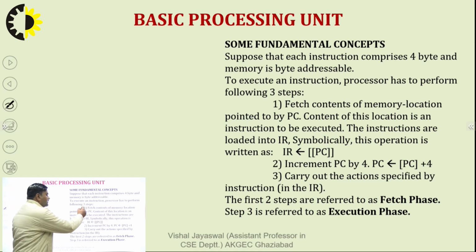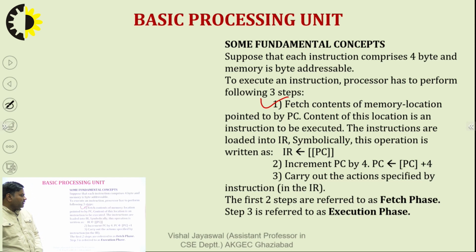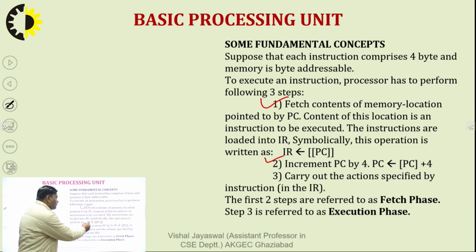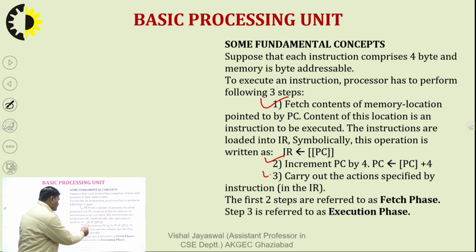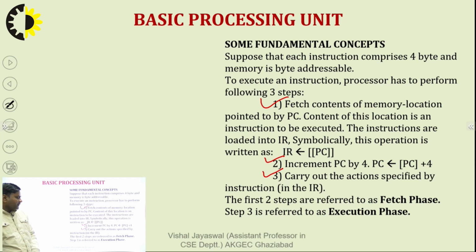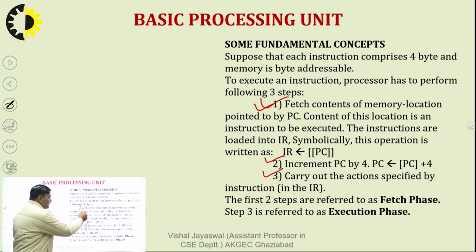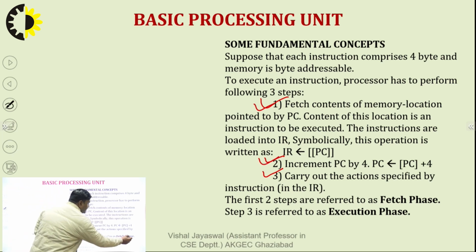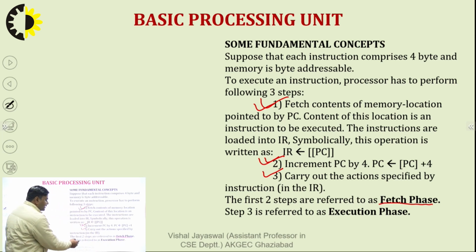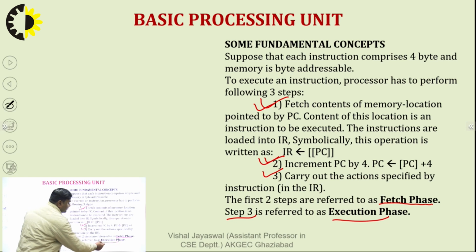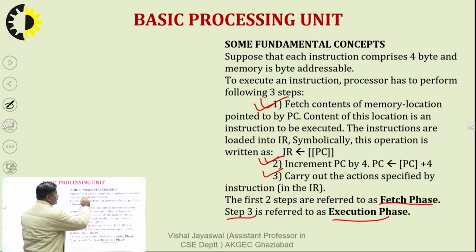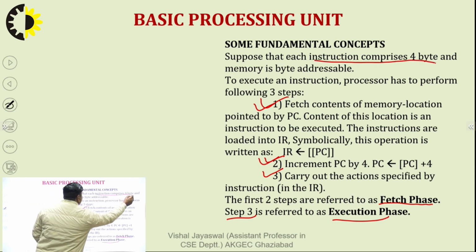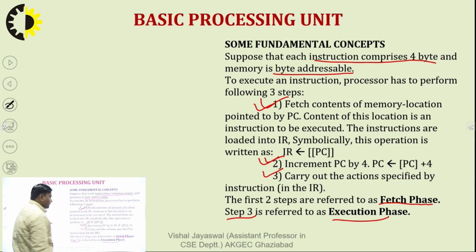First is fetch, then we increment the value of PC by PC plus 4, then carry out the actions specified by the instruction. Steps 1 and 2 are called the fetch phase, and step 3 is referred to as the execution phase.